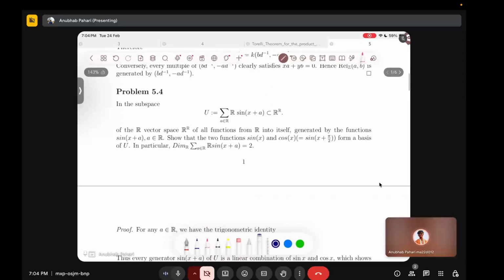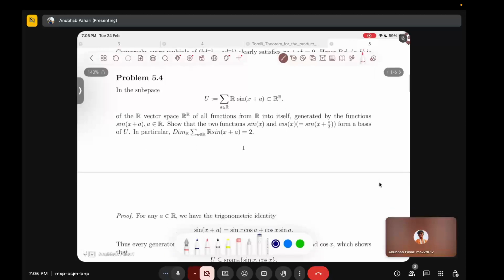Now let us go to our next problem, that says that in the subspace U defined as the sum of R times sin(x plus a), that is generated over R by sin(x plus a), of the R vector space R to the power R of all functions from R into itself, generated by the functions sin(x plus a), where a is coming from R, show that the two functions sin x and cos x form a basis of U. In particular, the R dimension of this vector space is 2.